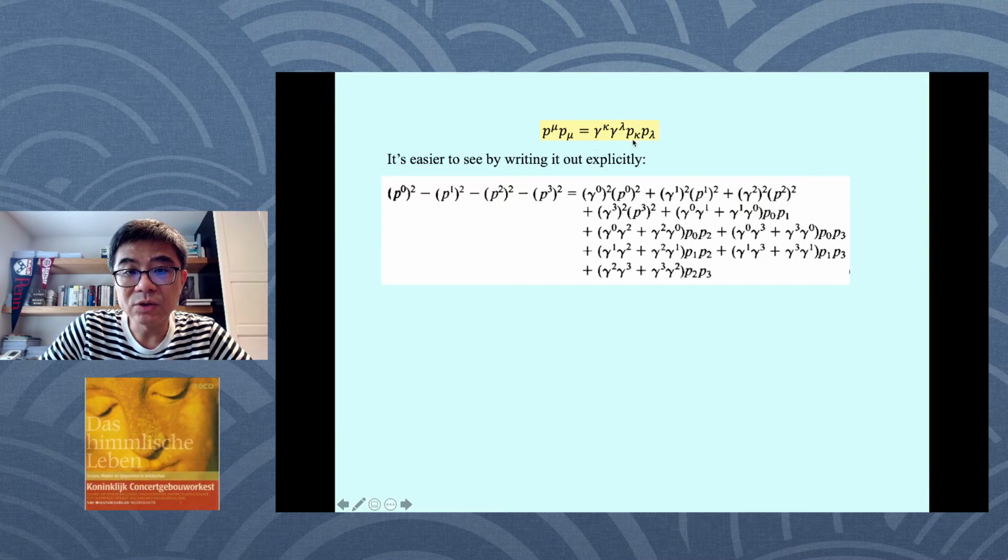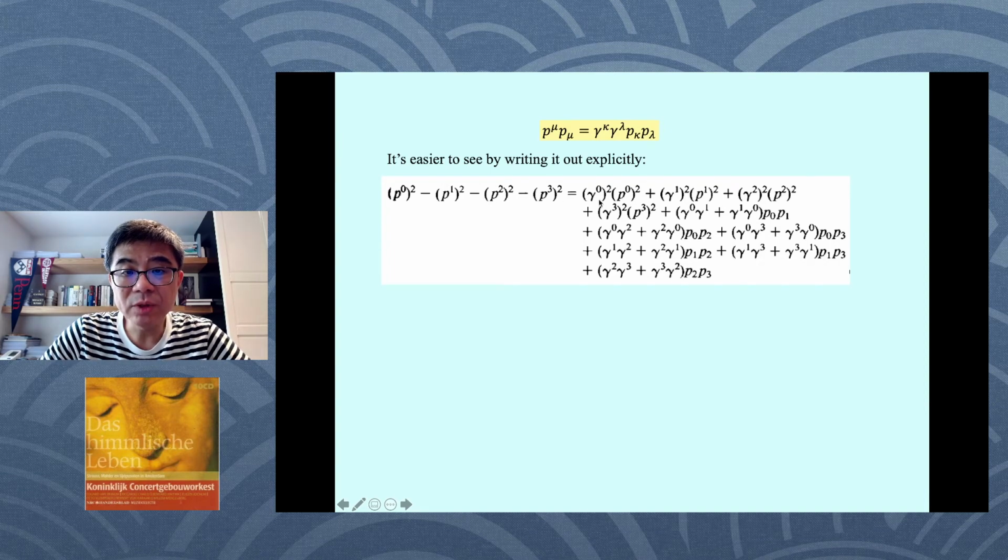And you also have cross terms, gamma 1, P1, gamma 0, gamma 1, P0, P1, and that is here. So you can work out all the mathematics and algebra yourselves, but this is what happened here.